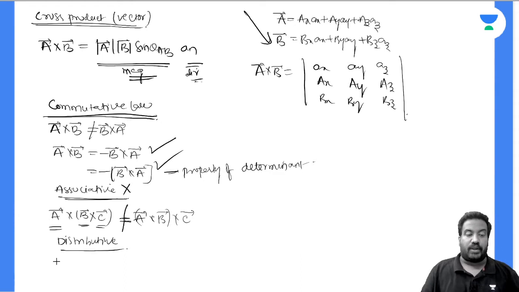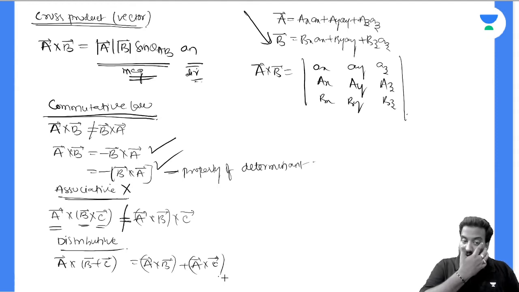Next is distributive. A cross of B plus C is equal to A cross B plus A cross C. It is distributive.